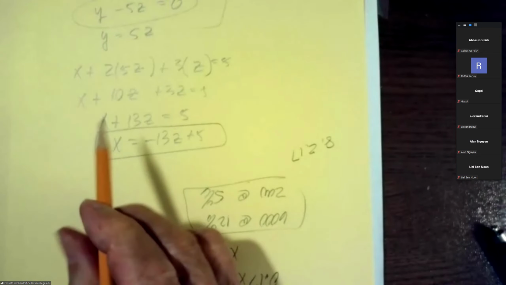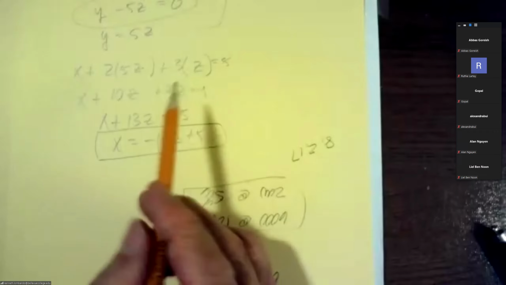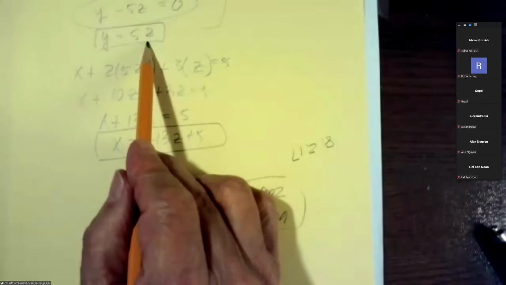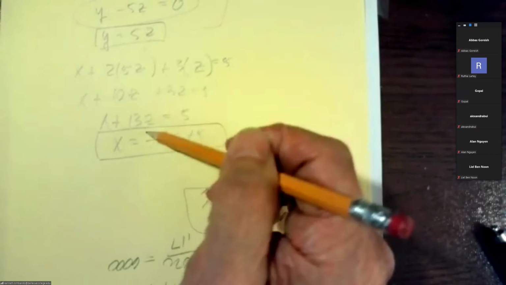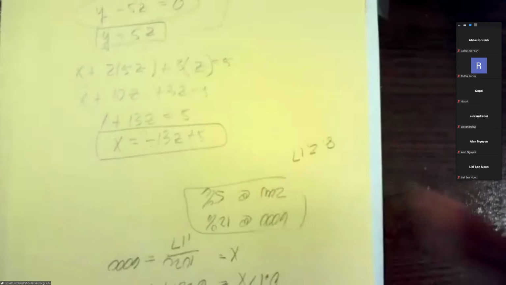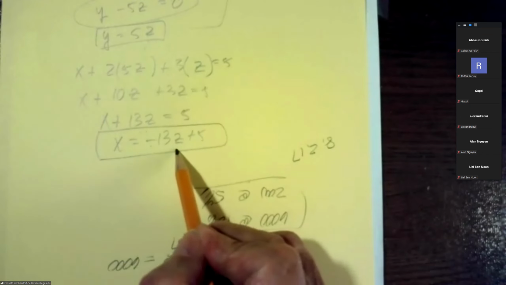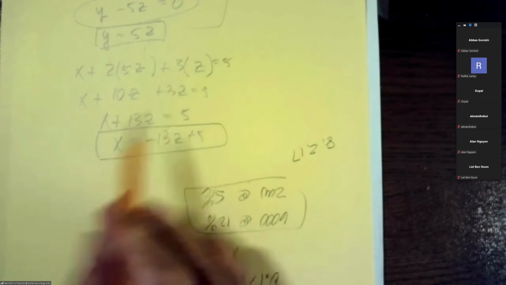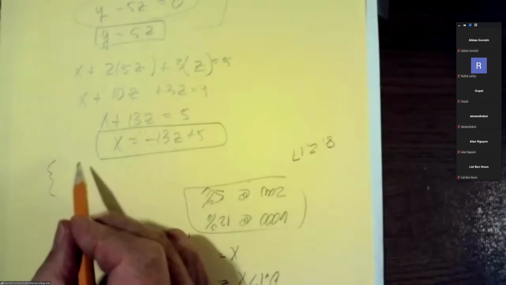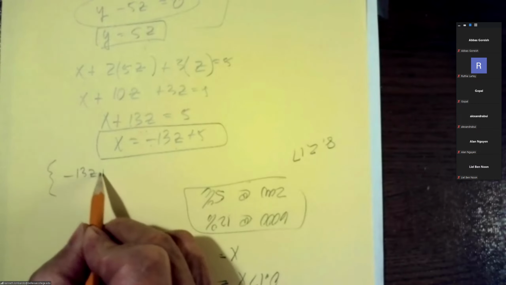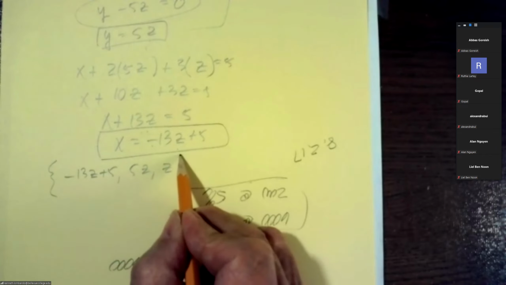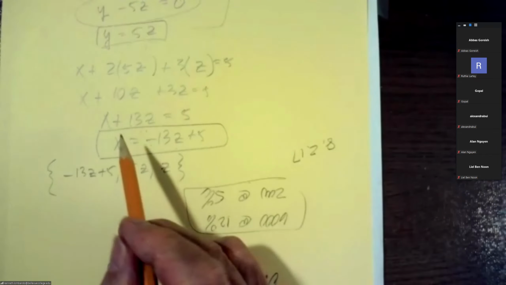Okay, so I've got x is there and y is here. So I've solved for x and y. And when we solve for x and y in terms of z, we've done problems like this before. When the only thing remaining is z, then we can write this in two ways. We could say our solution set would be x, which is negative 13z plus 5, y is 5z, and then whatever z is.